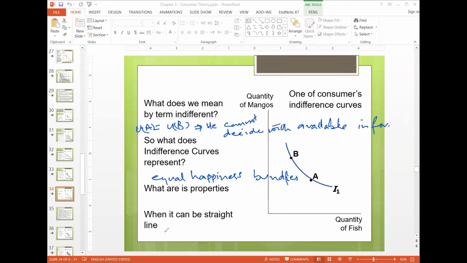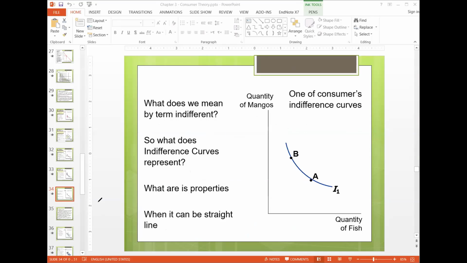It is bent because fish and mangoes are not perfect substitutes. Since fish and mangoes are not substitutes, that's why he tries to get both. It will be a straight line when they are perfect substitutes. It is shown in the next slide.